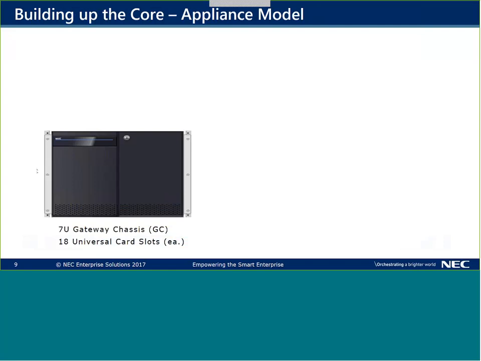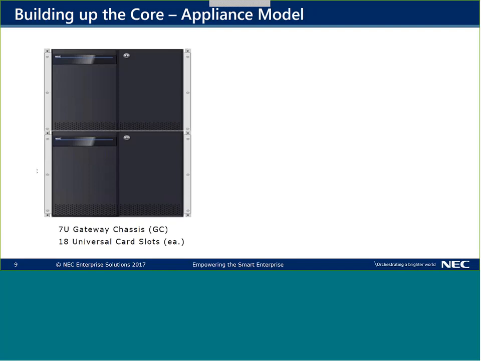So we're going to need some hardware to drive those TDM interfaces, and to do that we use the 7U gateway chassis. The 7U gateway chassis is new with the SV9500. The older gateway chassis were slightly larger. They were 8U. This chassis also has a full complement of 18 universal card slots. And we can stack these gateway chassis up within the system, and these are all rack-mounted units.